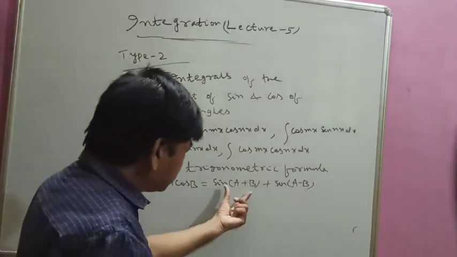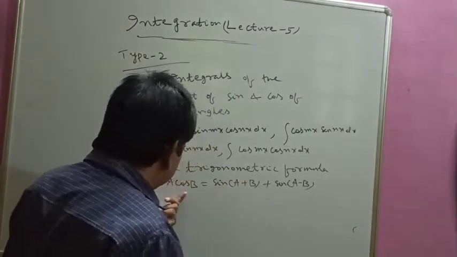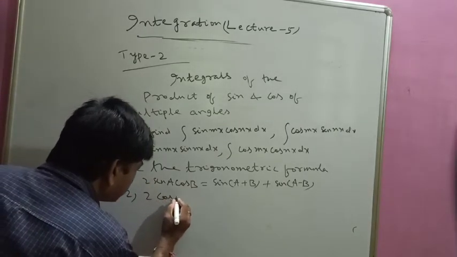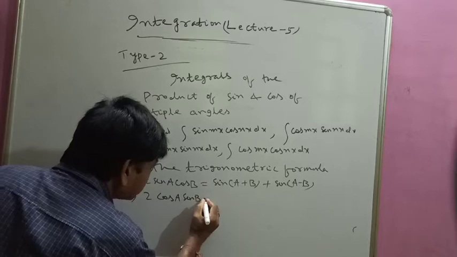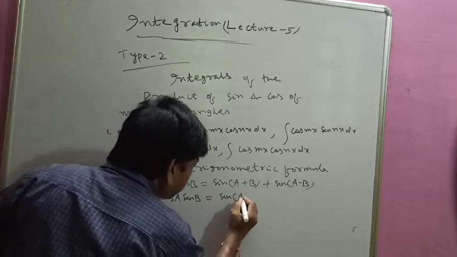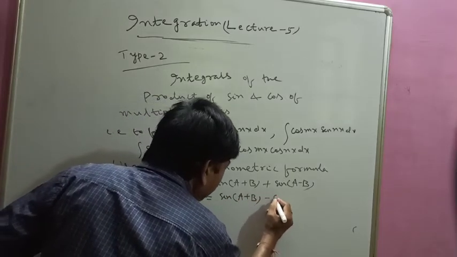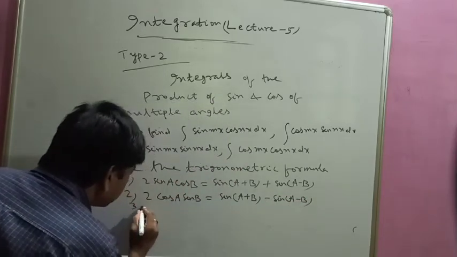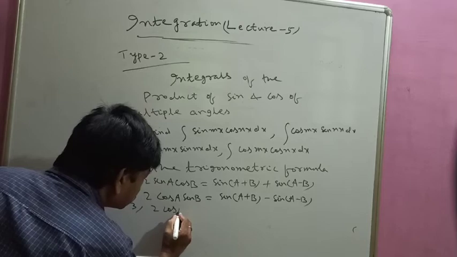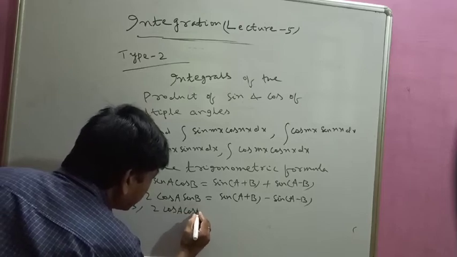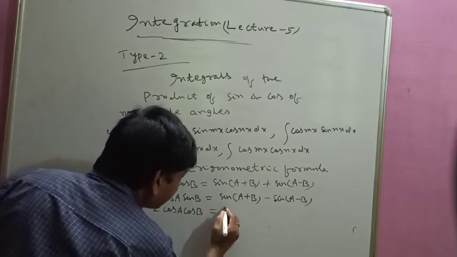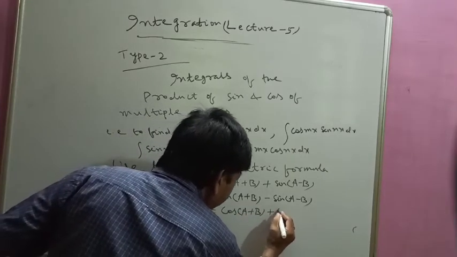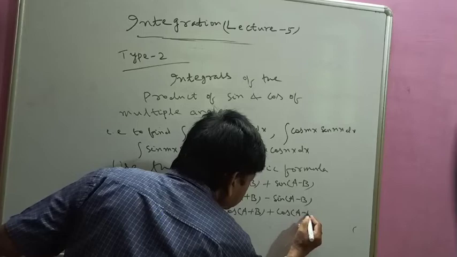Just to recall, 2 sin a cos b is sin a plus b plus sin a minus b. Number 2: 2 cos a into sin b. So this you can write as sin a plus b minus sin a minus b. Then number 3: 2 cos a into cos b. So this you can write as cos a plus b plus cos a minus b.